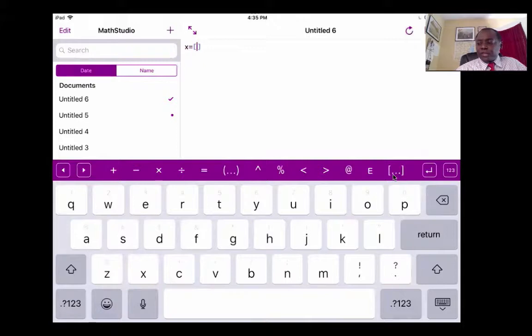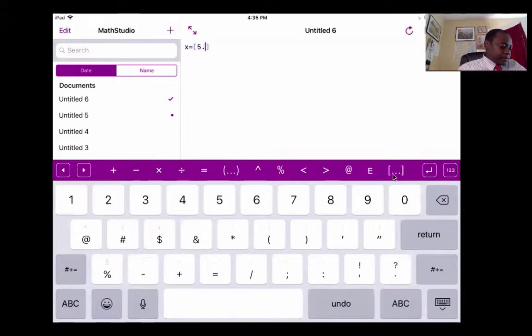The values of x again are 5.5, comma, 6, comma, 8, comma, 8.5, comma, 9.